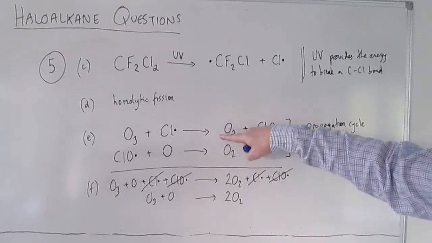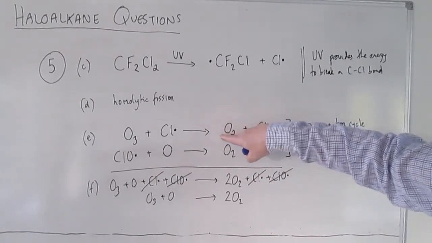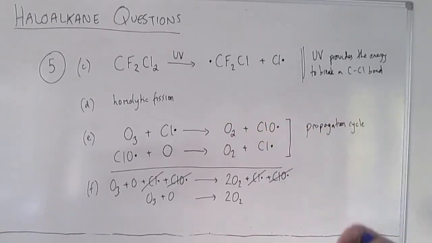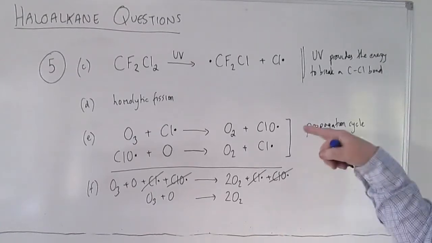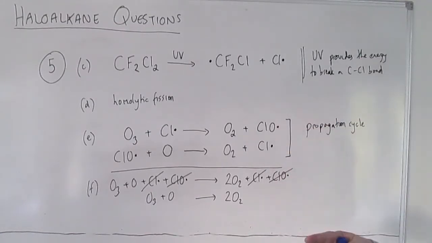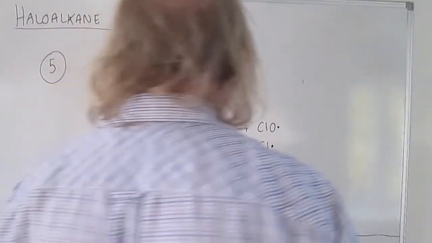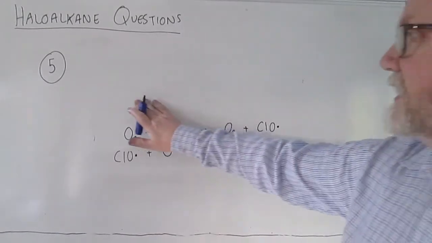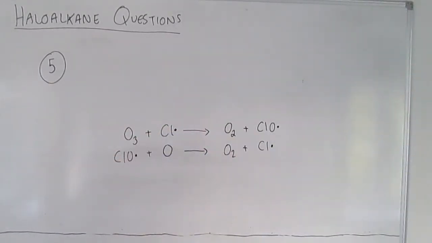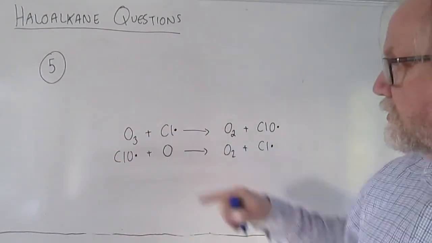It's necessary for the reaction because it plays a role in this key step to get the propagation cycle going, but it's then regenerated, so overall it's not used up and therefore it's a catalyst. That's the important thing.